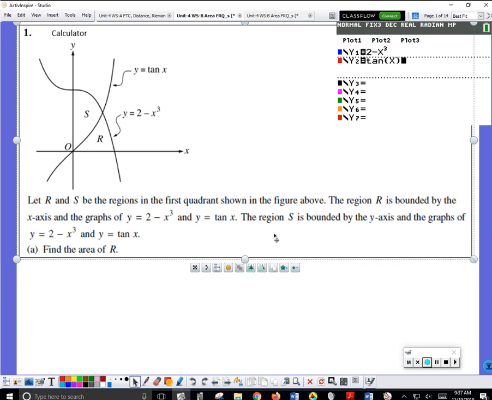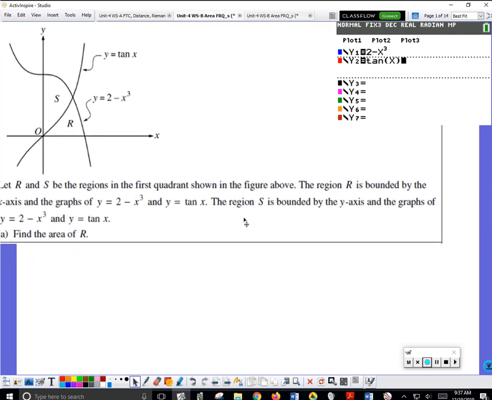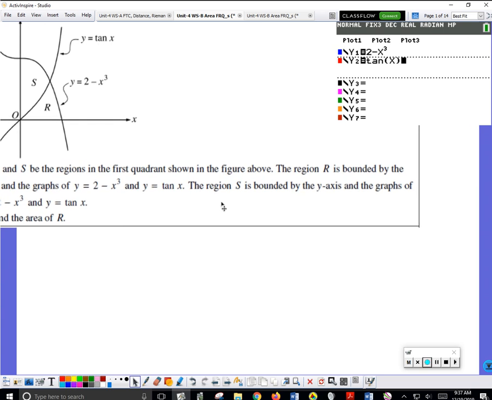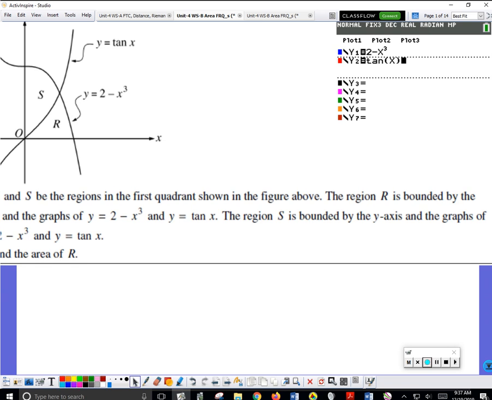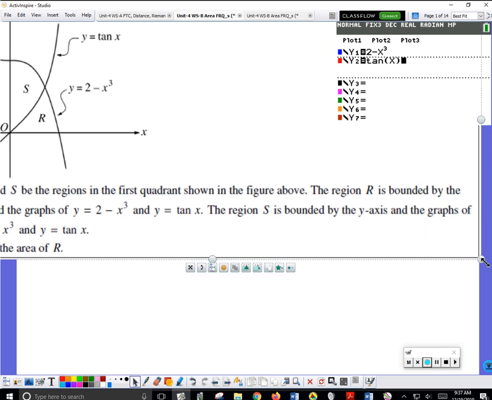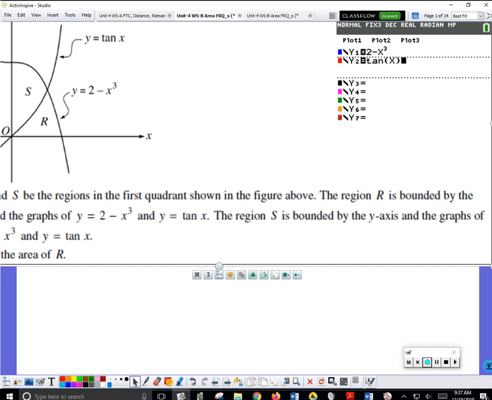So let's make this a little bit bigger, just to make the drawing a bit easier. I'm trying to find the area of R. Okay, here's where you always start.